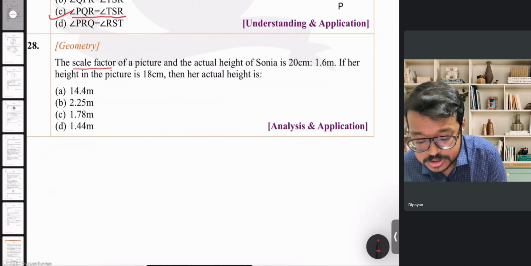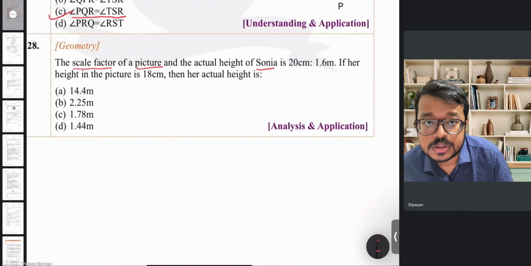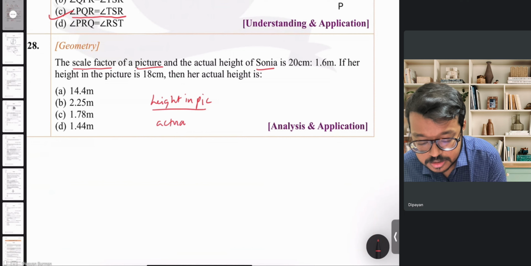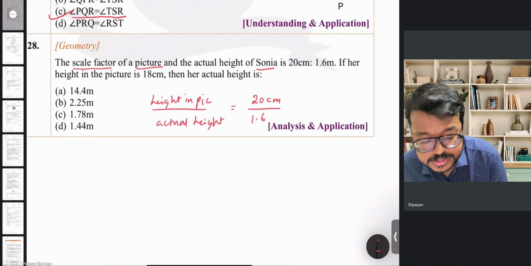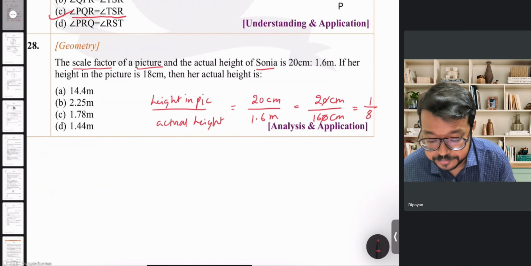So here suppose there is a picture and an actual person. So the ratio of height in picture by actual height is given as 20 centimeter is to 1.6 meter, which is same as 20 centimeter by 160 centimeter. So which is the ratio 1:8.